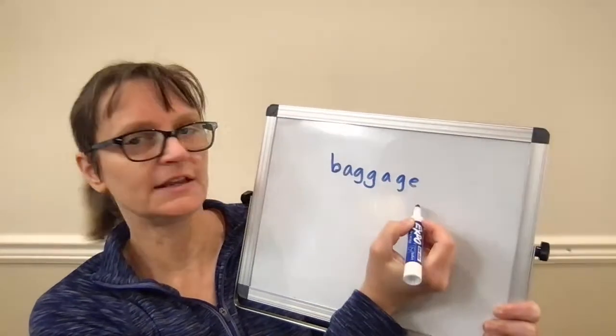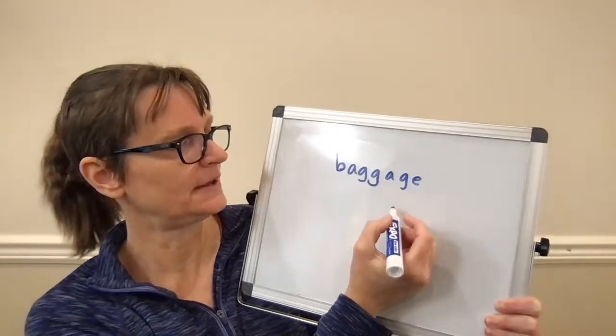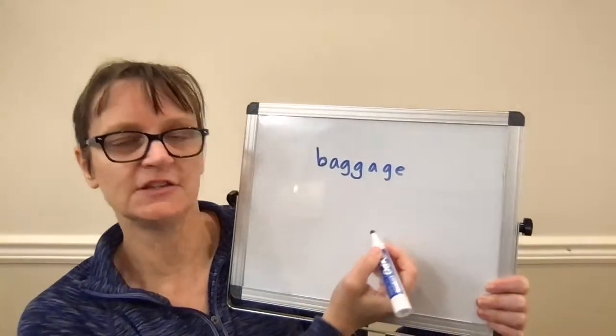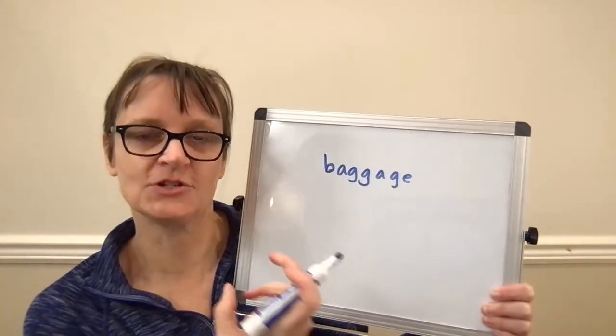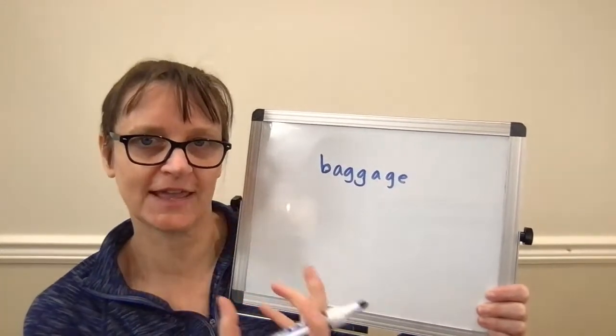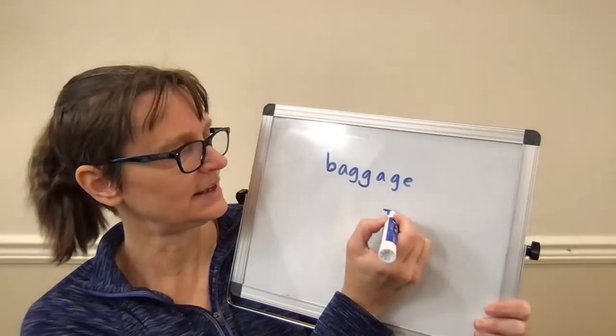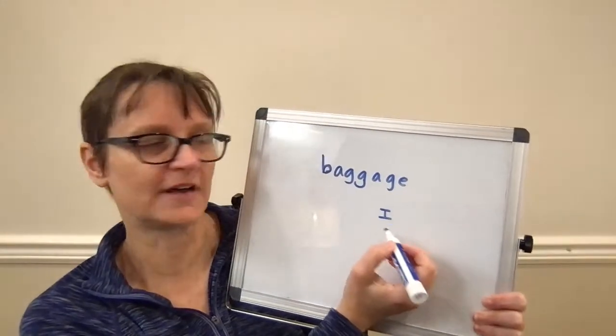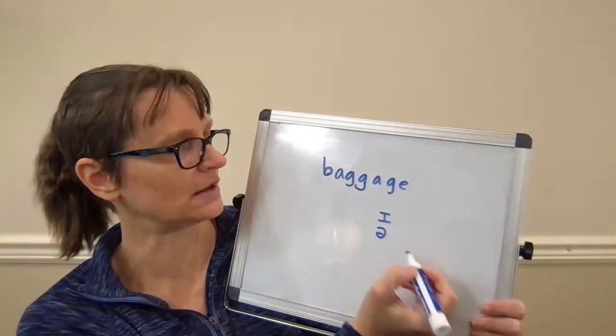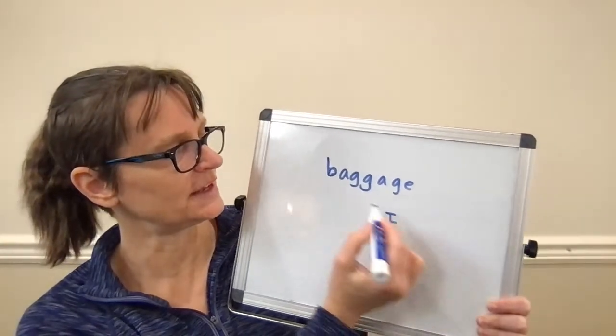What we're looking at here is that the "age" in these words is not like the word age. If I'm saying age, it has a clear A diphthong. In baggage, it's an I. The letter A says the I vowel, or even a schwa, baggage. I think it's more of an I vowel.